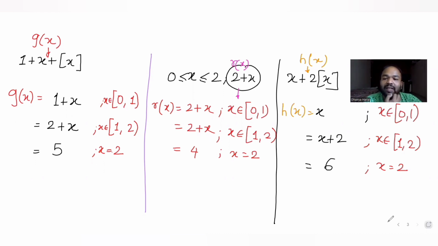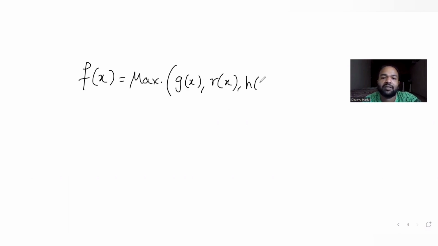Now let's combine all of them to get our function. We have been told function f of x is the maximum of all these functions, that was g of x, r of x, and h of x.